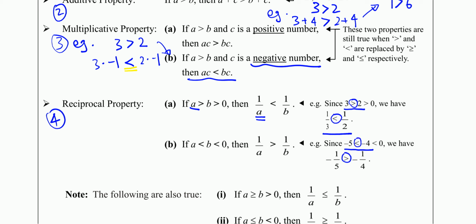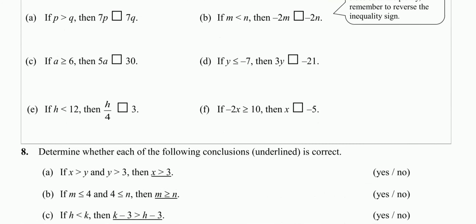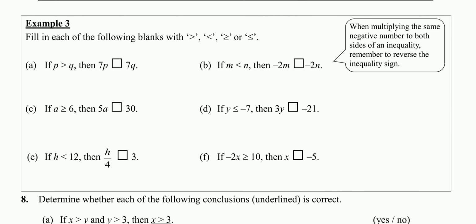So please pay more attention to the size. You can think that the inequality is similar to the equation, but when we face some calculation about multiplication or division, the size may sometimes change. So let's do some examples.